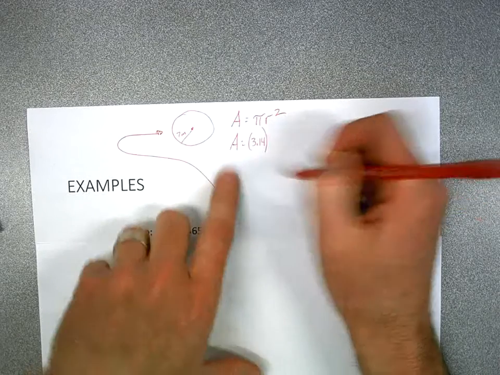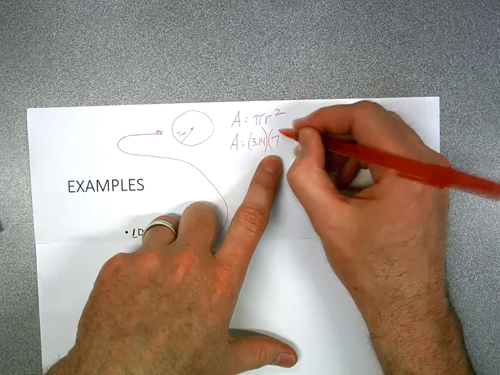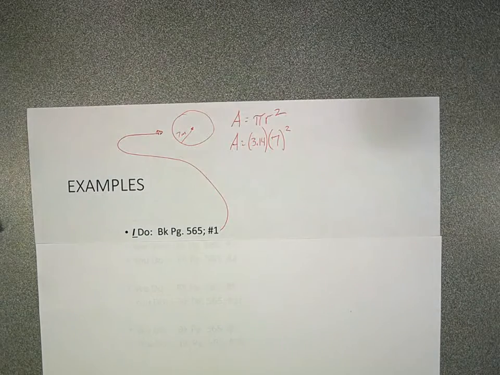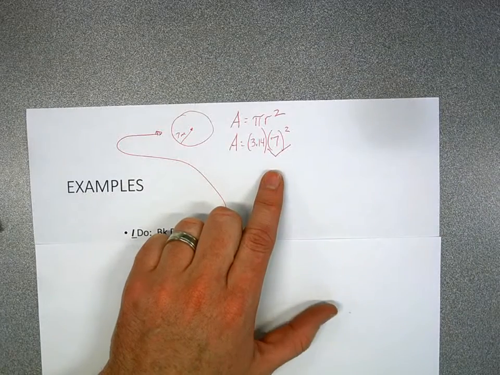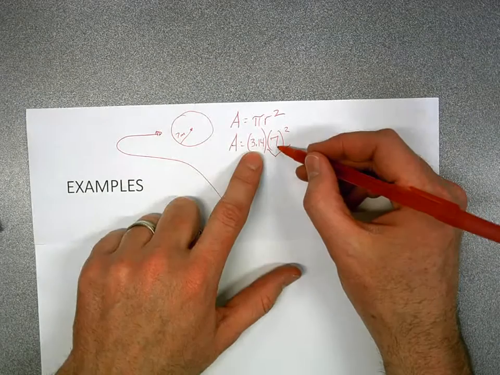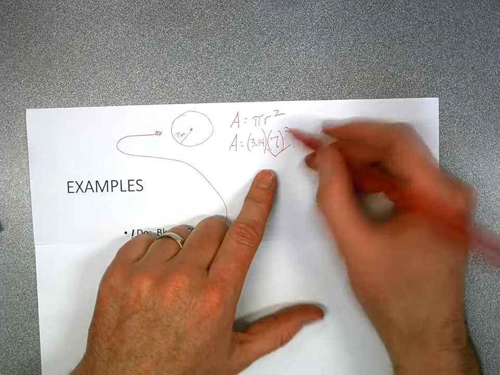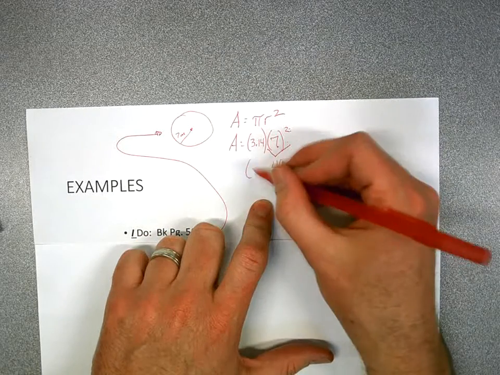It's 3.14. The radius in this case is 7. And so we have 7 squared. Now, according to our order of operations, like that pink poster up in our room, okay, after parentheses, meaning solving what's in the parentheses, I do exponents. So remember, this isn't 7 times 2, it's 7 times 7, which gives us 49.